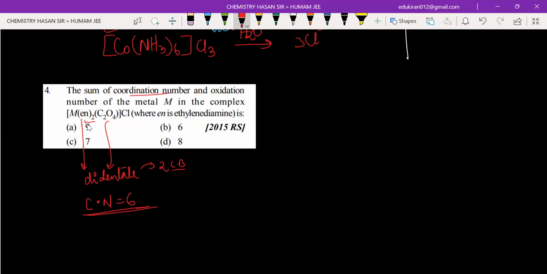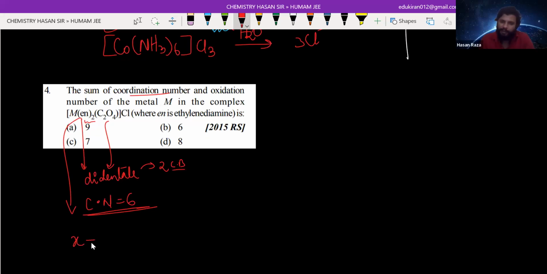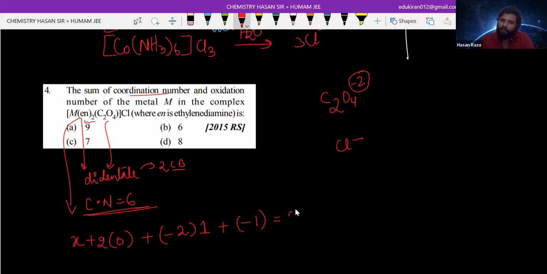Yes. Now, to calculate the oxidation state of M, let's take x plus 2 en. en is ethane-1,2-diamine, which is a neutral ligand, so into 0, plus C2O4 oxalate, which has -2 charge and only 1 is there, so -2, plus chlorine is Cl minus, so -1, equals overall charge 0.